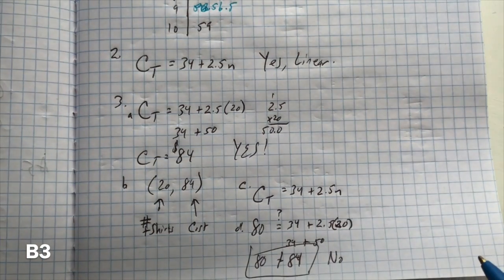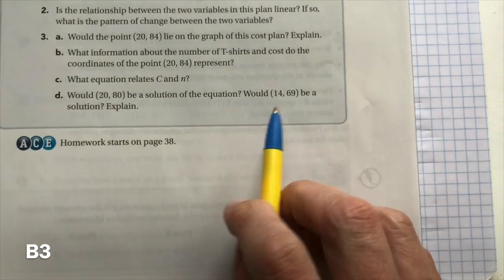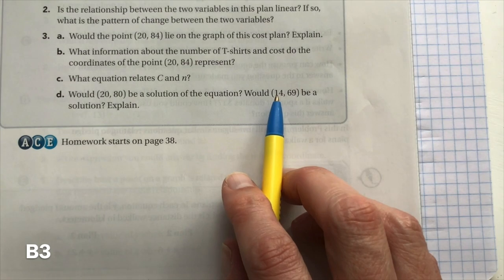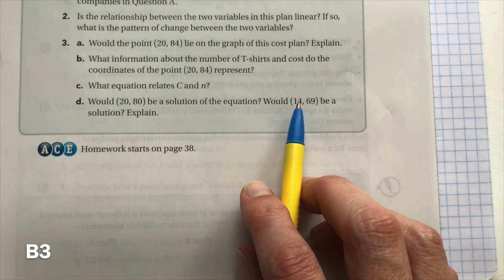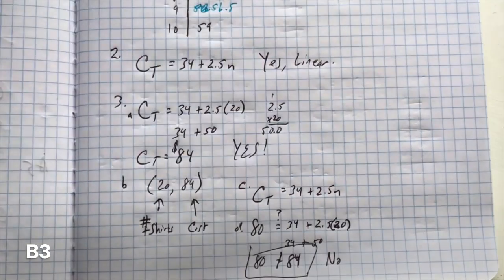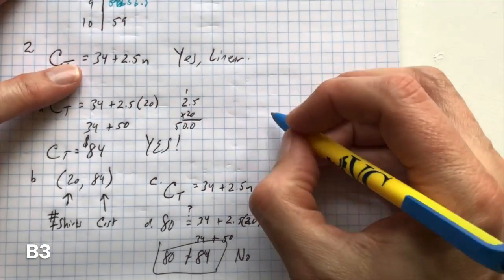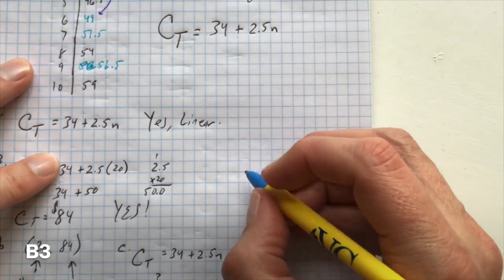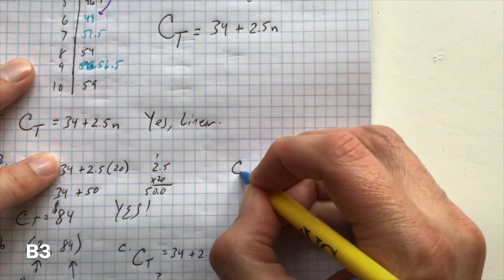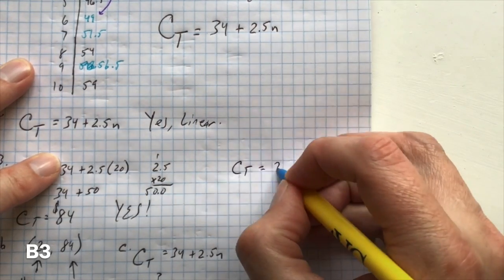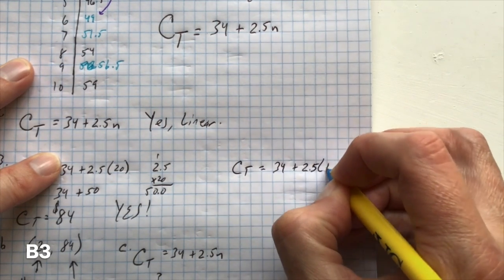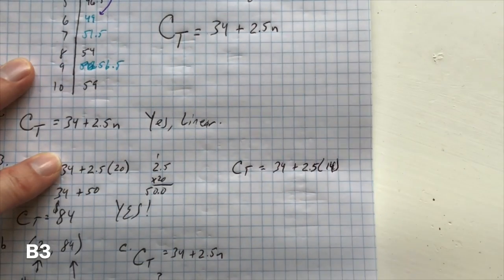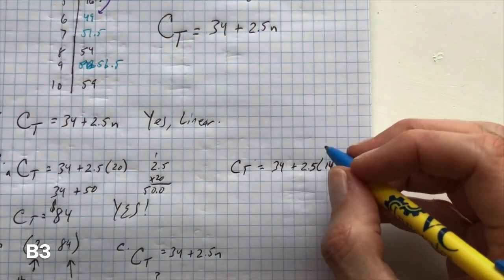No, for that case. But there's one more. They asked us to put 14 and 69 in there to see if that would work. Because remember, that was a solution that was equal for the other ones as well. So let's try that. So now I'm going to be asked to look at the cost of this is going to be equal to 34 plus 2.5 times 14. So let's do that work here.